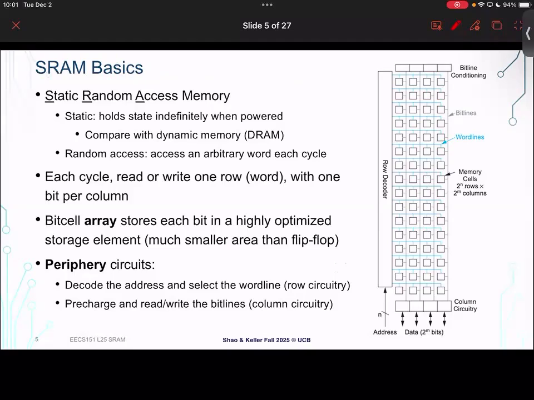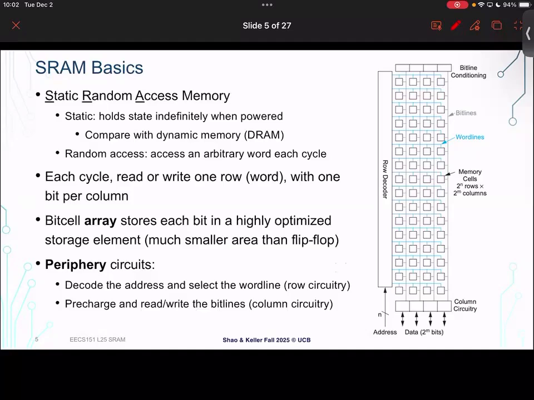In a DRAM, even if it's powered, the charge on a bit cell will eventually leak away. And so DRAM has to refresh its contents every so often, every 20 milliseconds or 50 milliseconds, in order to maintain its state. We're not going to talk about DRAM in this class. And SRAM, you don't need to do refresh or anything like that. It remembers as long as it has power.